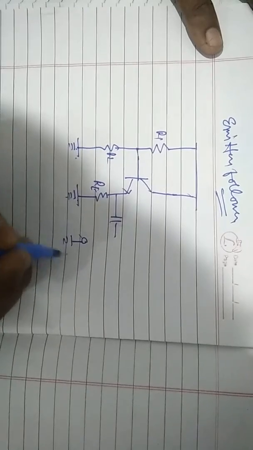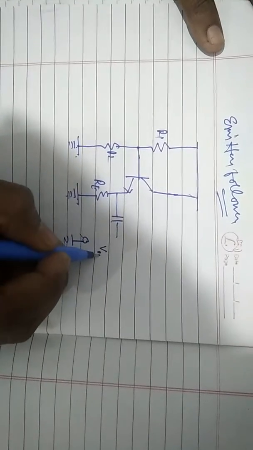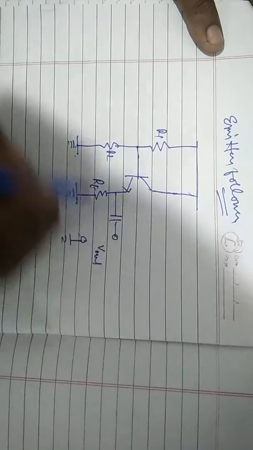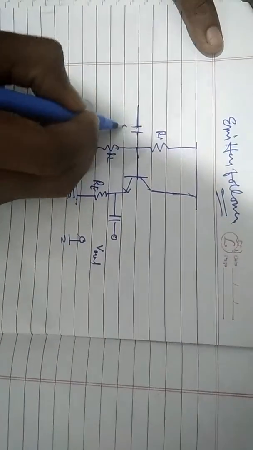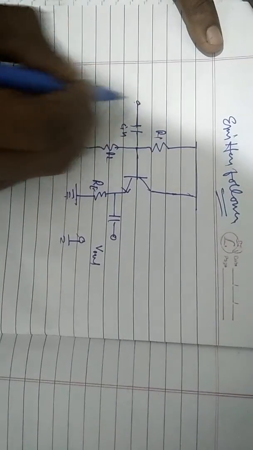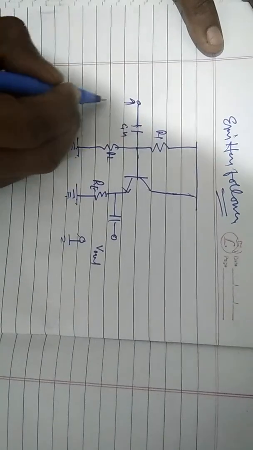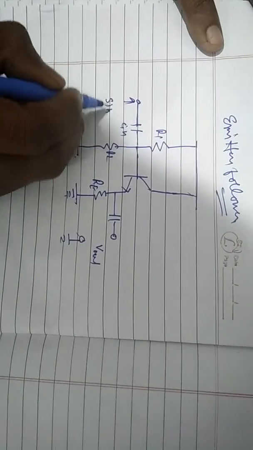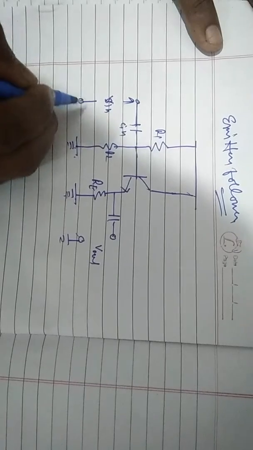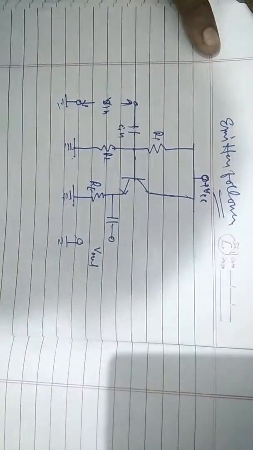Okay, and here we take output V out from here, and this is input capacitor C in, and we apply signal from here, V in, and here the VCC, supplying DC voltage.